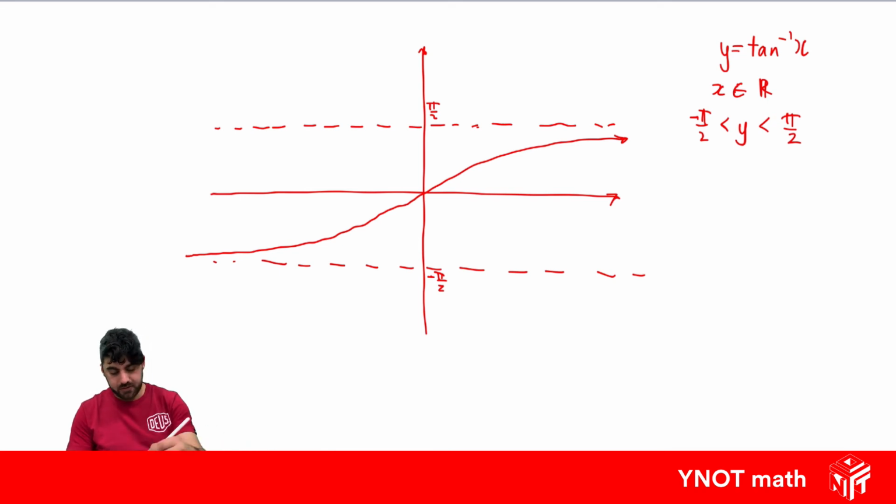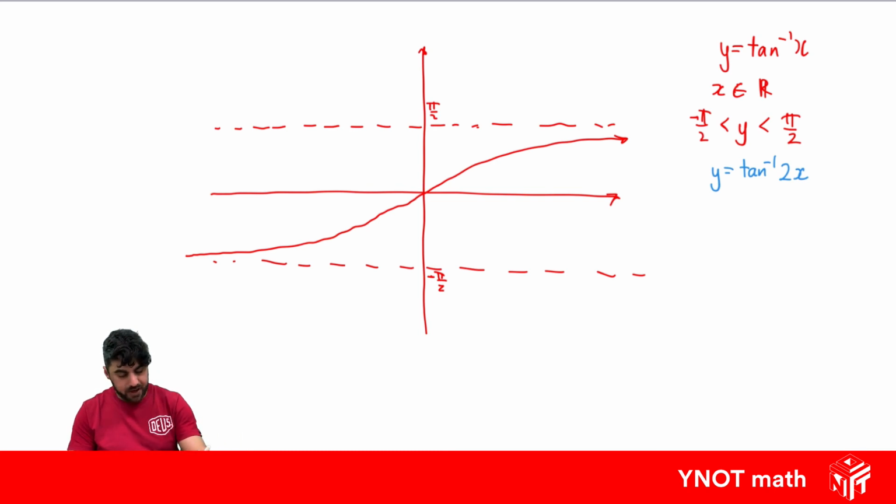Let's have a look at just a couple of examples. If we have y equals inverse tan of 2x, remember this domain was all x belonging to the set of all real numbers, so changing the domain here is not necessarily going to do much in terms of shifting the graph, but it's going to make it a little bit steeper.